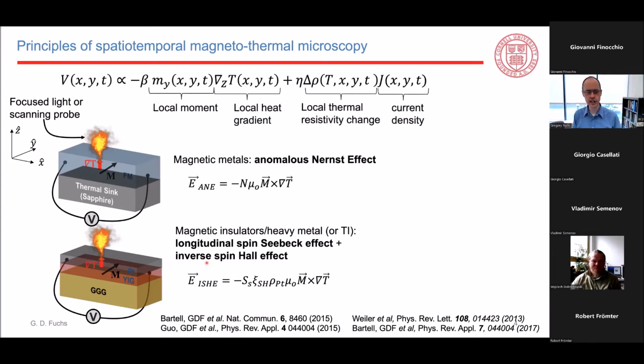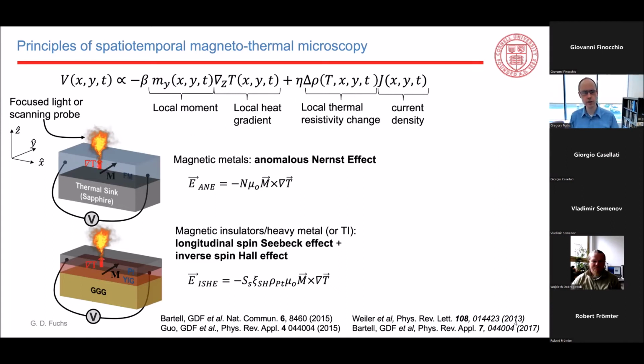So just to clarify what we're doing, in all cases, we're putting in a heat pulse and we're measuring a voltage. So the voltage is shown here. These are the two important terms. In all of these measurements, we're basically going to be measuring the M_y component of the magnetization. And I also want to point out this second term, which is kind of boring if you think about it, but it turns out to be really exciting in terms of what you can do with it.